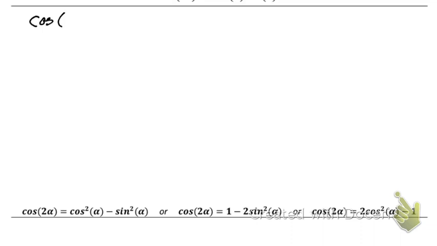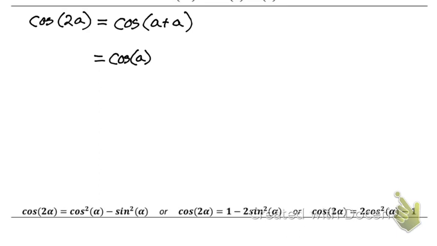But this one starts out the exact same way. You would be given cosine of 2a. And prior to today, you'd have to rewrite that as cosine of a plus a, because we didn't know the double angle formula for cosine until after today. So if I put this on the test, you would have written this. Then you would have turned this into cosine a times cosine a minus sine a sine a, because your alpha and beta are the exact same values.